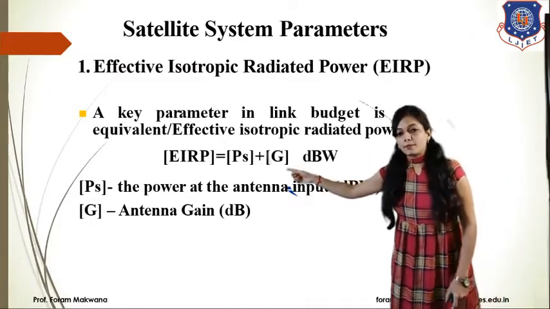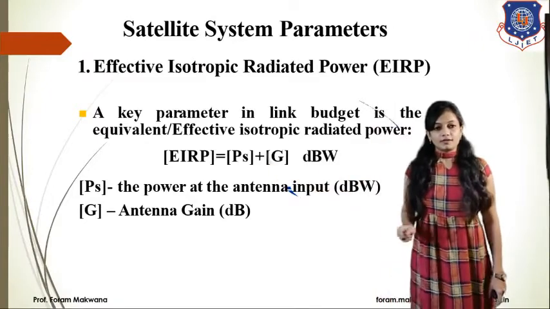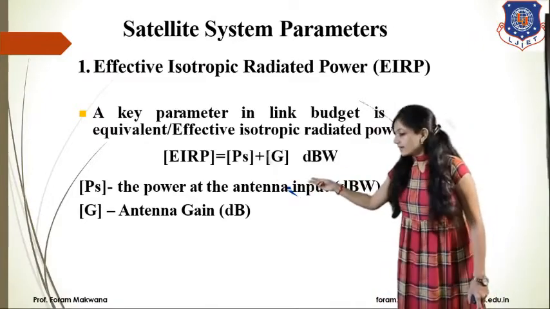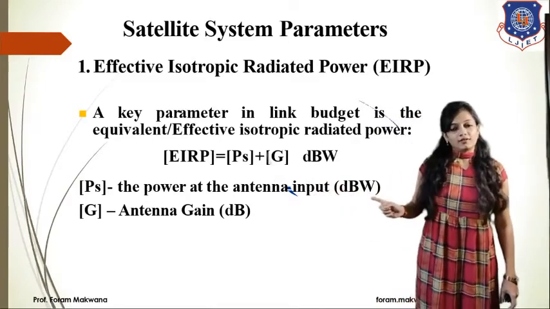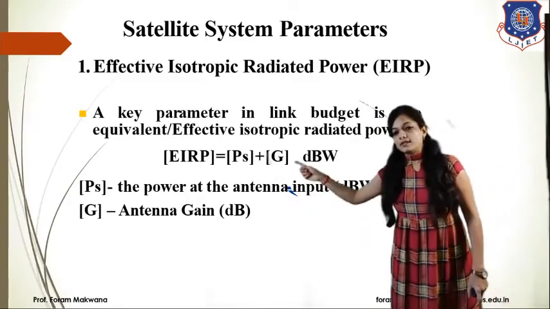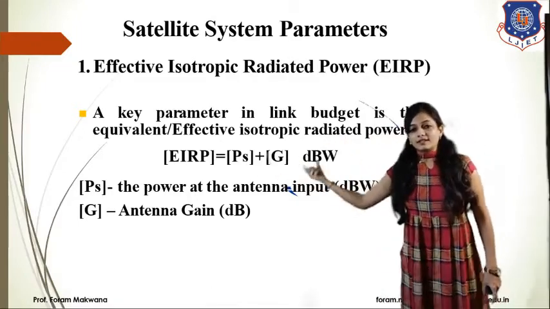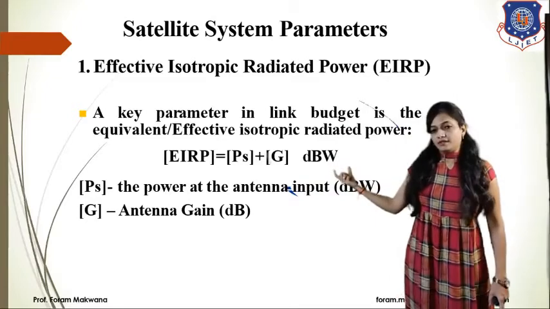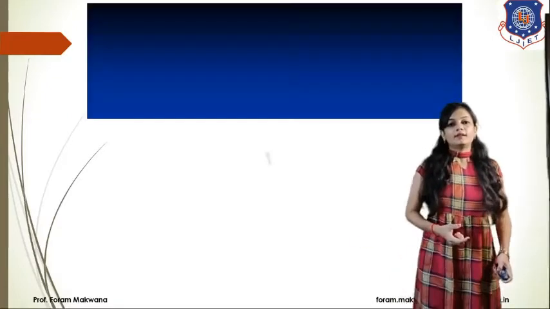If it is PS upon G, then we need to place a minus sign over here, right? So PS is the power at the antenna input and G is my antenna gain, both quantities are in dB. As we know, the resultant EIRP will be in dBW, right?